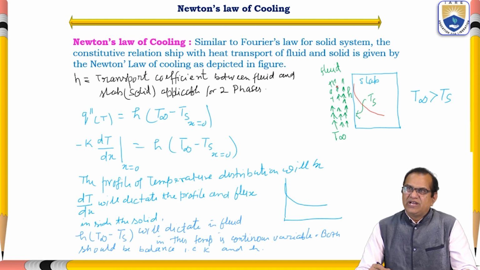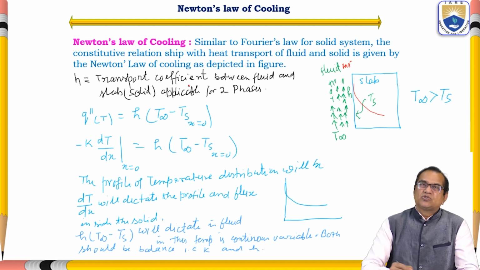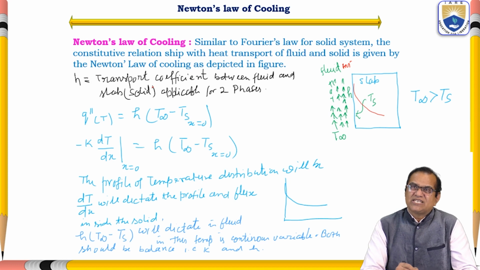Outside is some fluid, a hot fluid moving with temperature T infinity. So T infinity is greater than Ts. Here H is the transport coefficient between fluid and the slab solid, applicable for a two-phase system. Here it is a liquid and here is the solid.